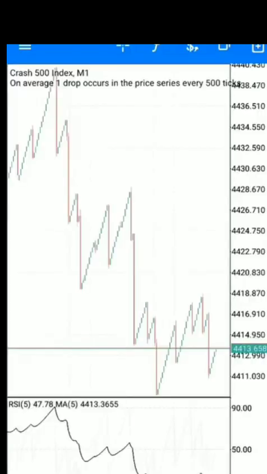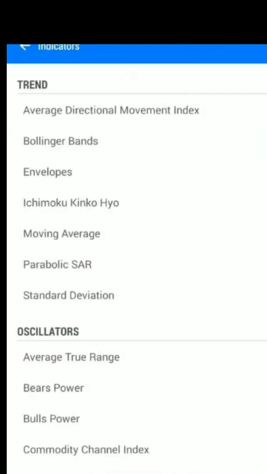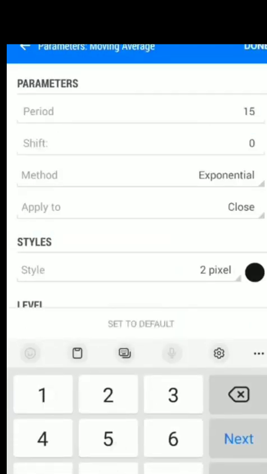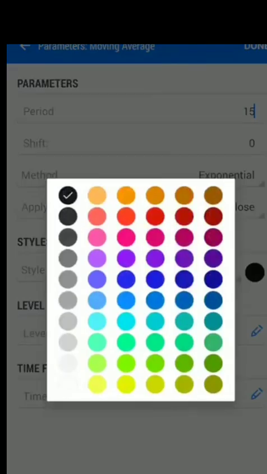Let's see how the screen looks like now. Okay, beautiful. One more indicator to go before you start making money with this simple strategy. Trust me. Next, moving average again. Let's use period 15, shift 0, method is exponential, apply to close. We're using the same 2 pixel, but this time let's change the color.